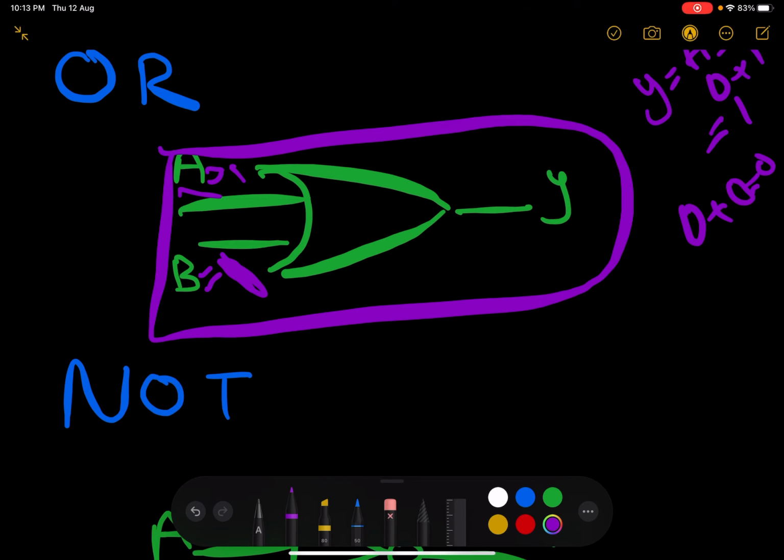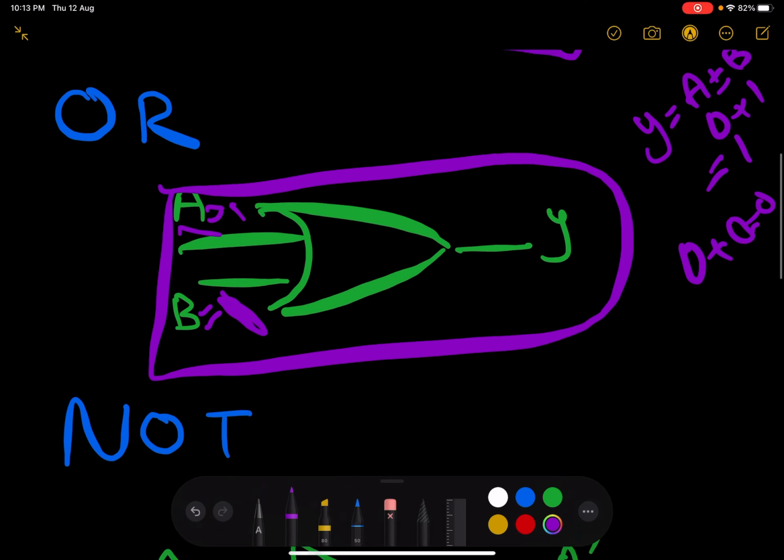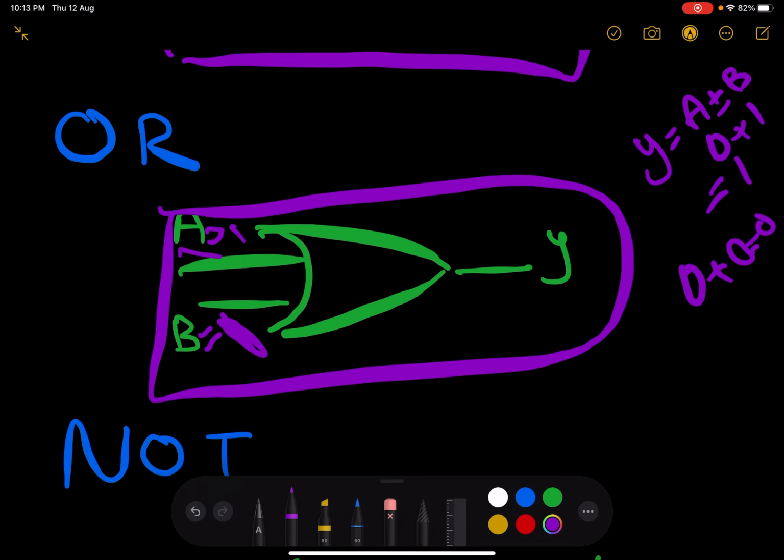You can't get 2, because this is Boolean algebra, and in Boolean algebra you either get 1 or 0. So just keep in mind that the condition for the OR gate to give an output of 1 is that at least one of the inputs is 1. But for the AND gate, all inputs should be 1.